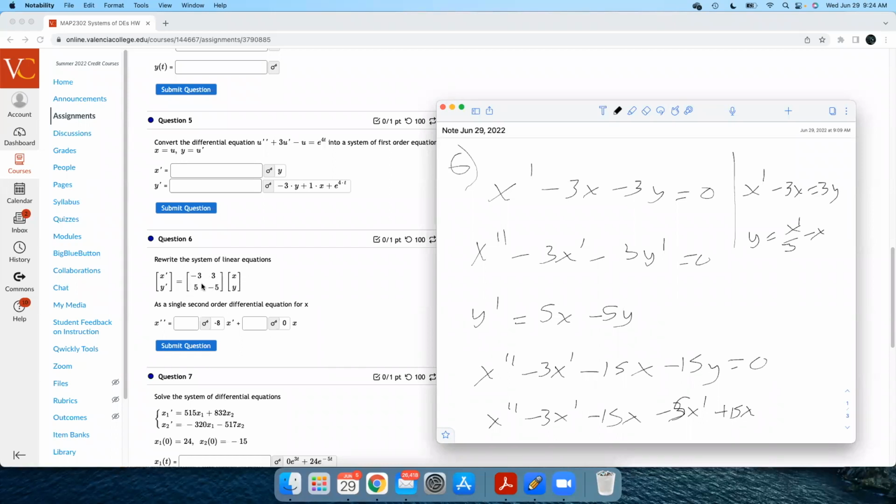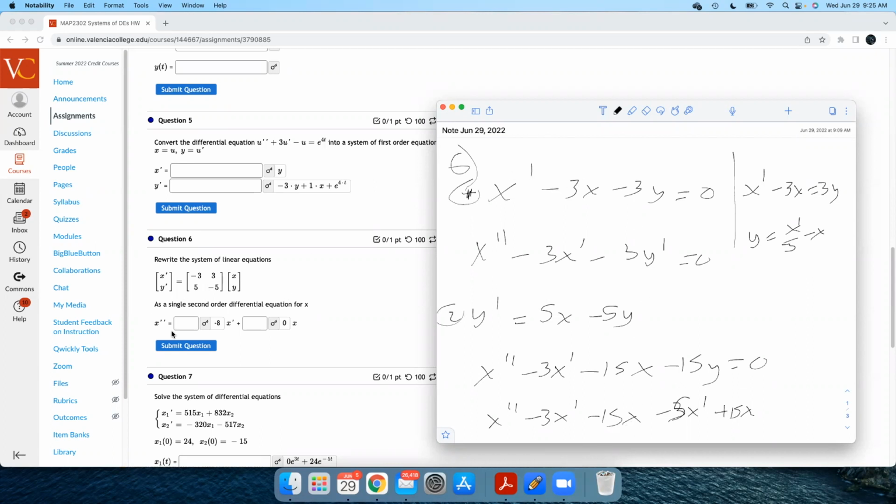I'm just multiplying out the matrix times this vector and then setting each row equal. So this is the top line, call that number 1. Here's the bottom line, number 2.